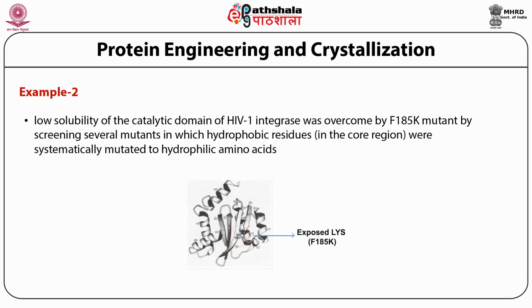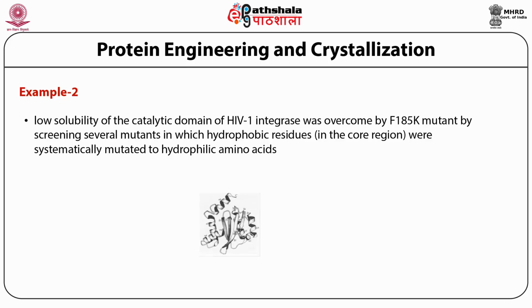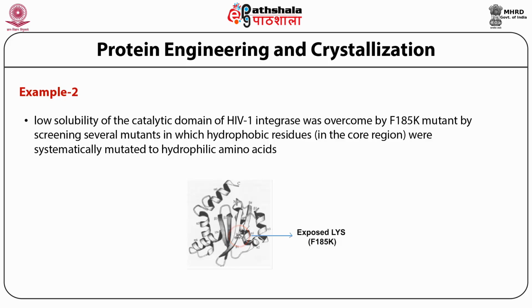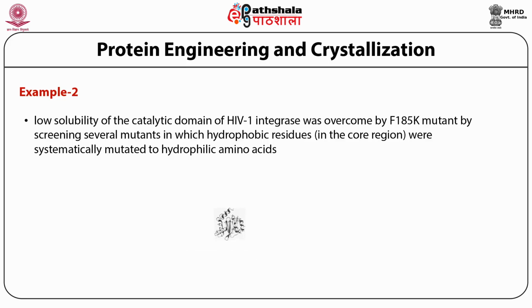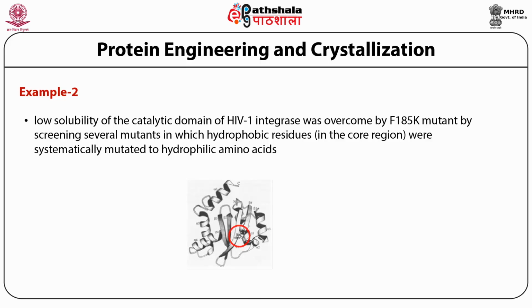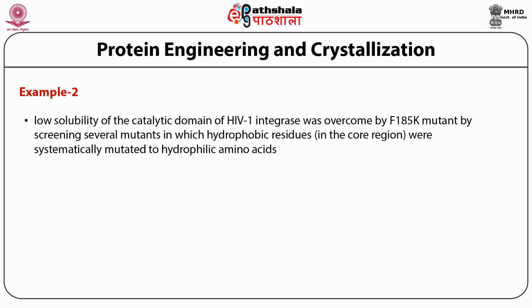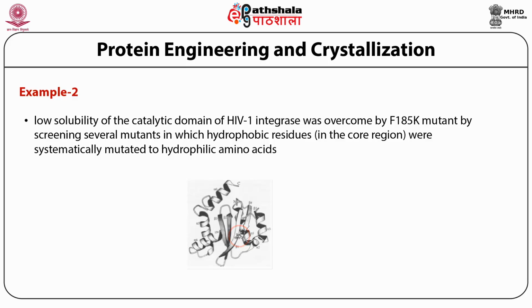What I am trying to tell you here is, in the core region 52 to 199, many residues were replaced sequentially, and many different attempts were carried out to produce various mutants. That's why we said it is a library of variants. So many mutants were generated, and each and every one was verified for its solubility, and they could select this particular mutant, F185K, found to be highly soluble, and fortunately they got crystals from this mutant.